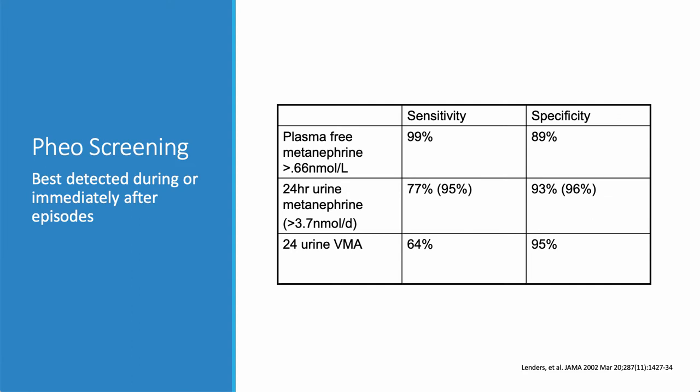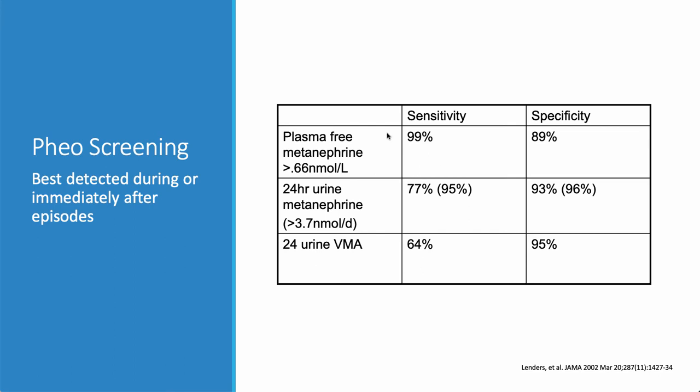Okay. Pheo screening is pretty easy to do with just plasma-free metanephrines. We have a 99% chance of finding plasma-free metanephrines when someone has Pheo.